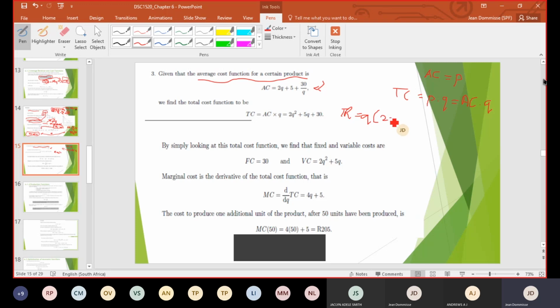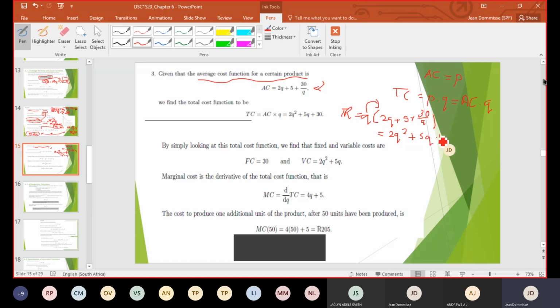AC was 2Q plus 5 plus 50 over Q. Okay, so I need to multiply that into that equation. So then I get Q times 2Q gives me 2Q to the power of 2. Q times 5 gives me plus 5Q.